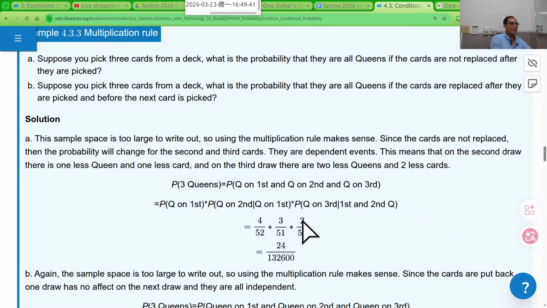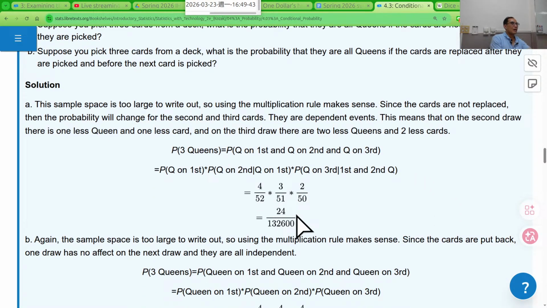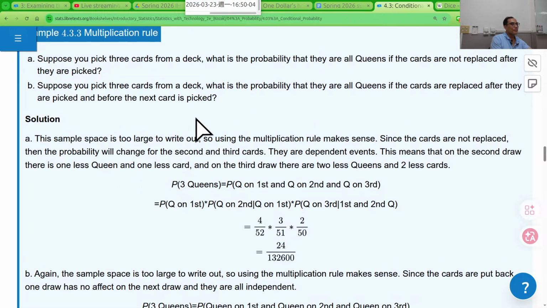For the first time, there are 52 cards: ace, 2, 3, 4, 5, 6, 7, 8, 9, 10, jack, queen, and king.